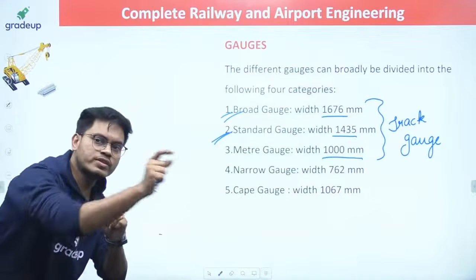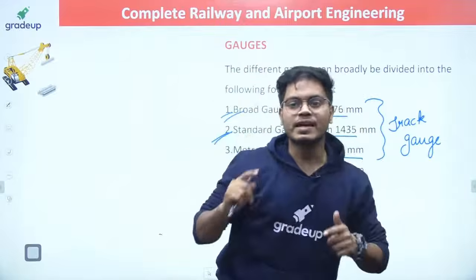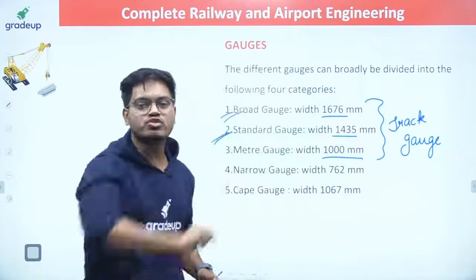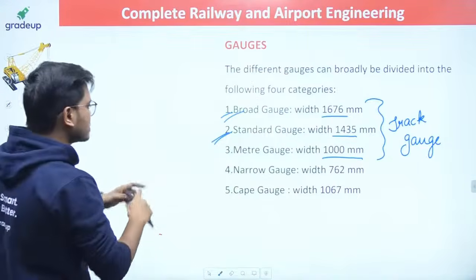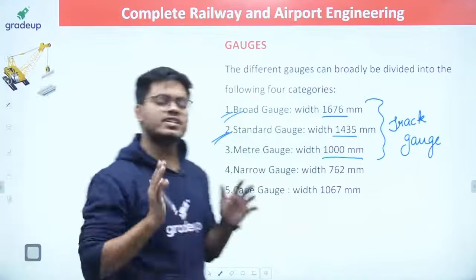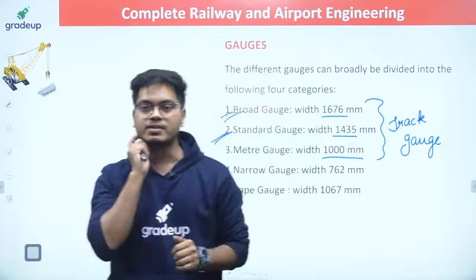Now there is one more thing, guys. Do you know that besides track gauge we have one more gauge, known as the dynamic gauge? Now what is dynamic gauge? Just now I told you the inner to inner distance is your track gauge.